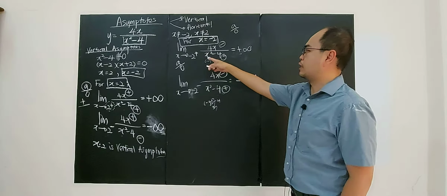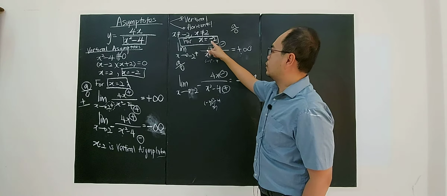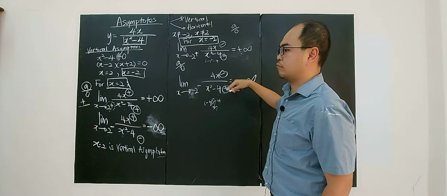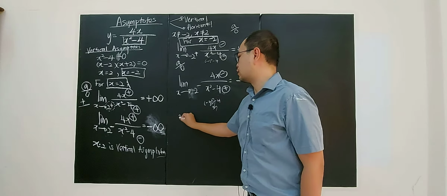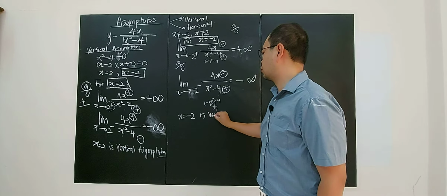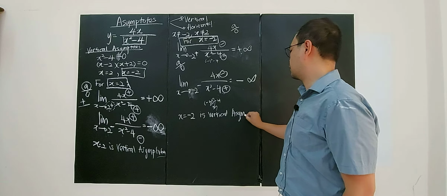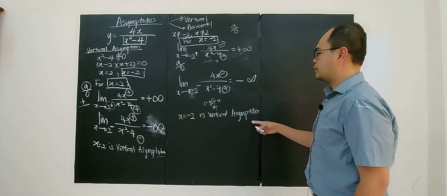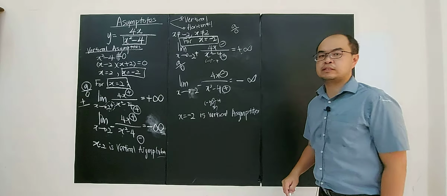Now you see the limit at negative 2 goes to infinity. If either side goes to infinity, x equals negative 2 is already considered a vertical asymptote. So x equals 2 and x equals negative 2 are the vertical asymptotes.